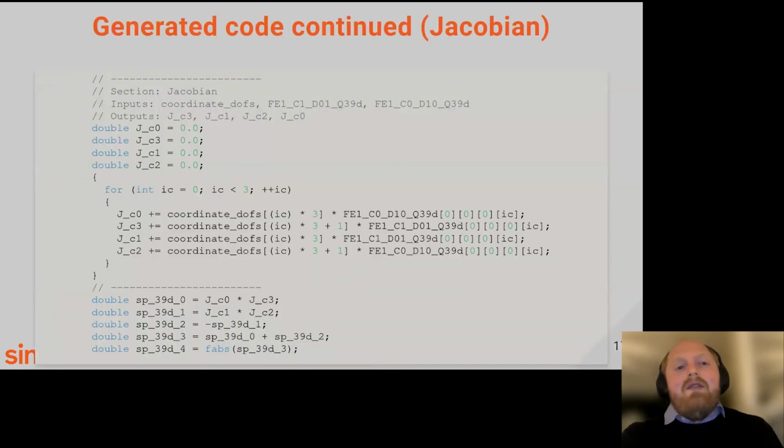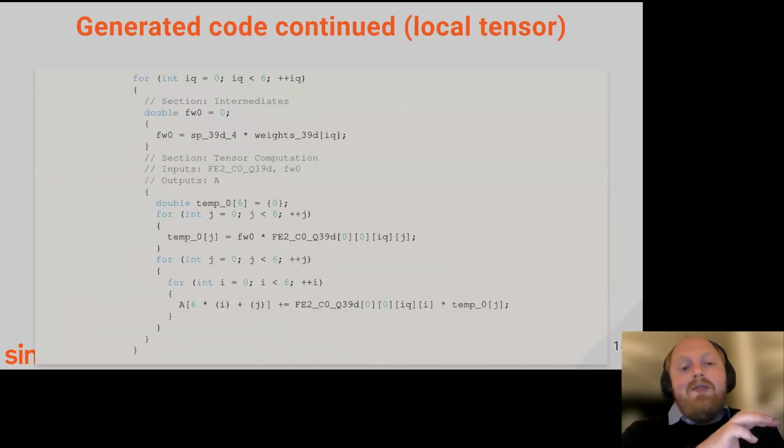The next thing is that you generate the computation for the absolute value of the Jacobian. You then generate the local population of a tensor. So we're not going to go through this code because any user will never see this code. It's generated code, so it's never something a user actually has to interact with, and that makes life quite easy.